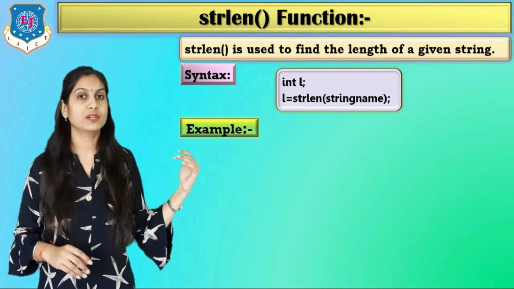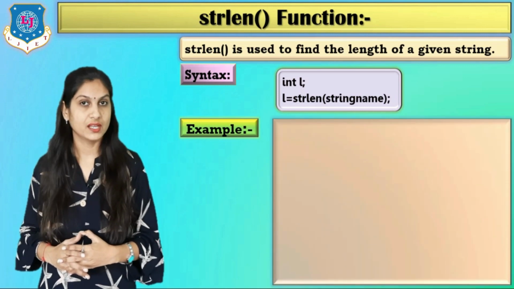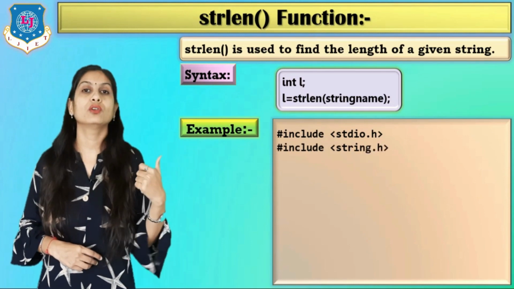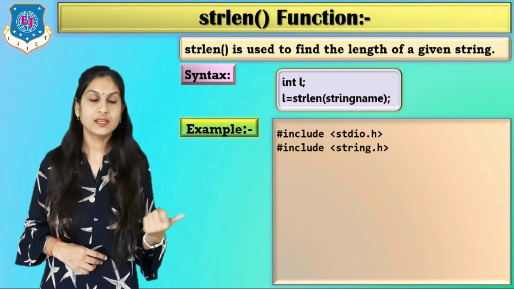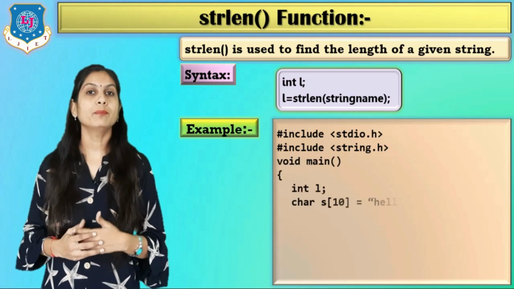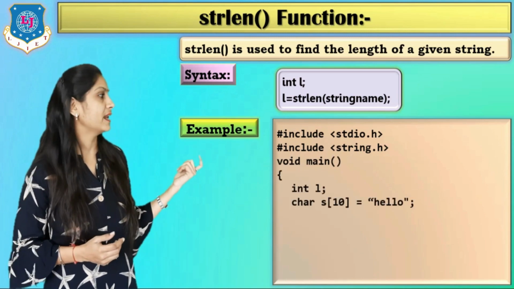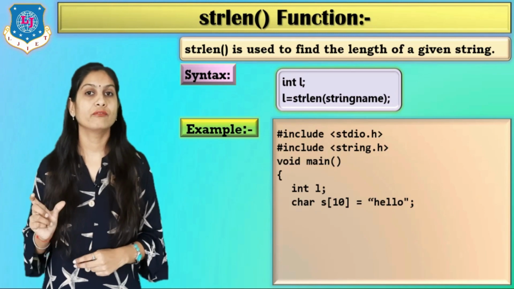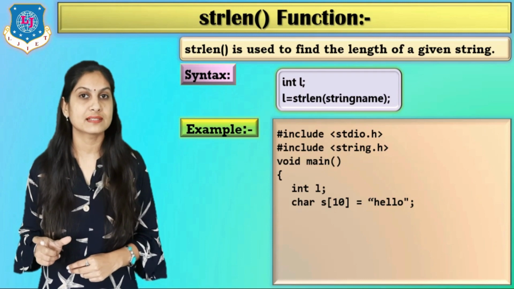Now see the example to find the length of a given string. First include stdio.h, then include string.h as well, and then inside void main we declare the string of type character. First write char s[10] = "hello"; this is which method? Compile time initialization.